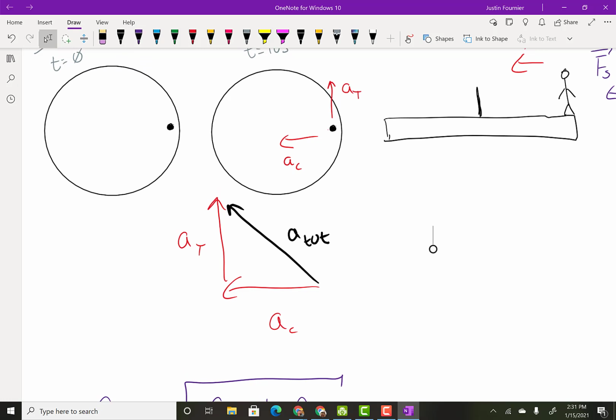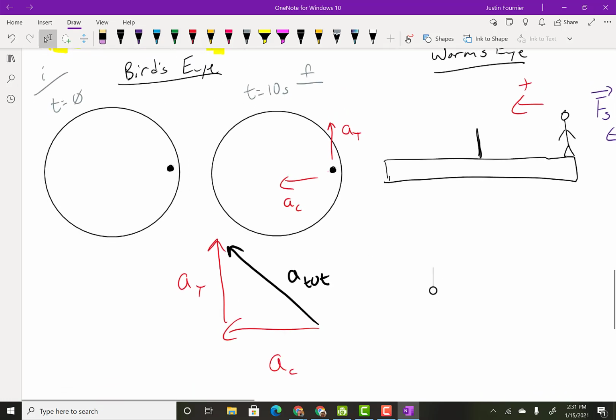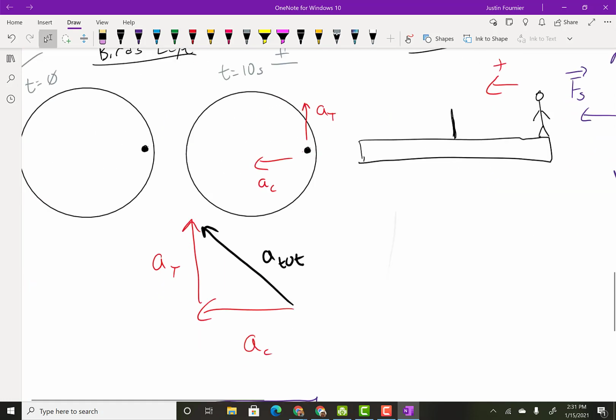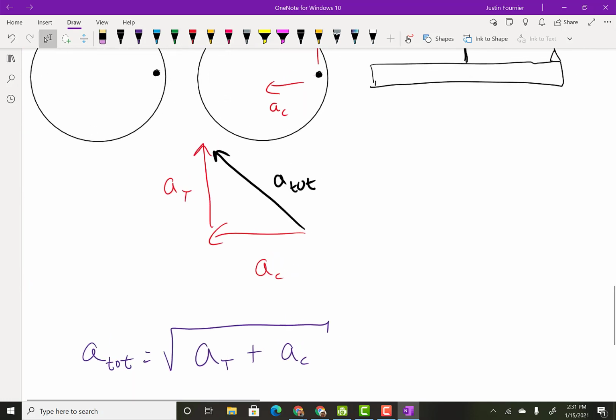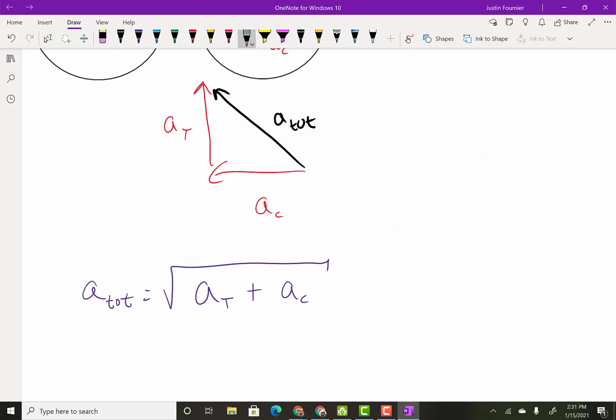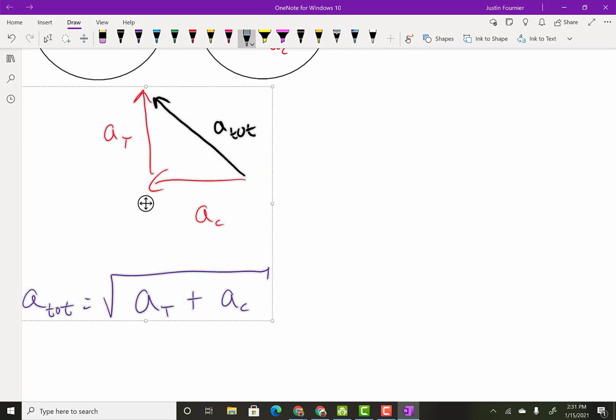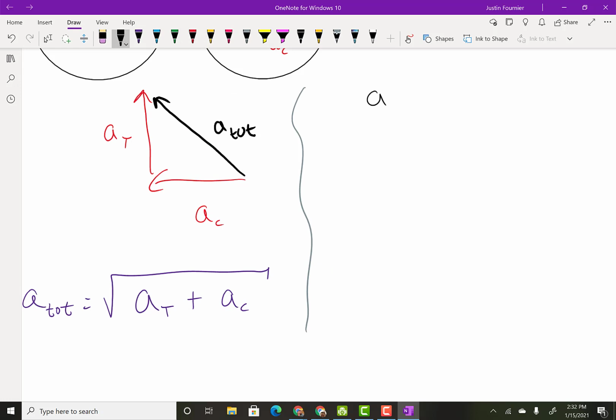This is a good problem. It's a tough problem, but it's a good problem. What I'm going to do is use the fact that the tangential acceleration is equal to the angular acceleration times the r vector.